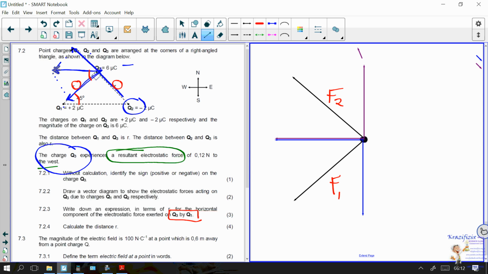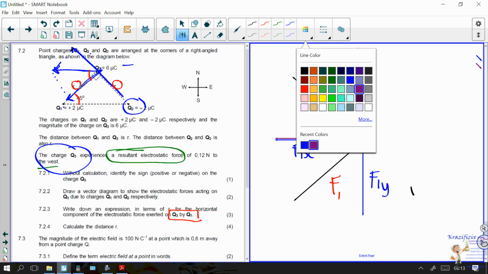I hope that makes sense. So let's label this. This one is F1y. The blue one. Okay, why don't I just use blue? F1y, F1x, and then on the F2, we are going to have the same there.